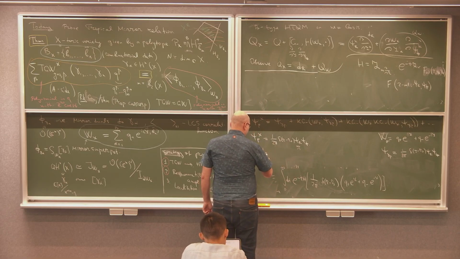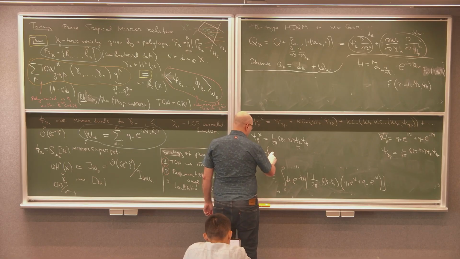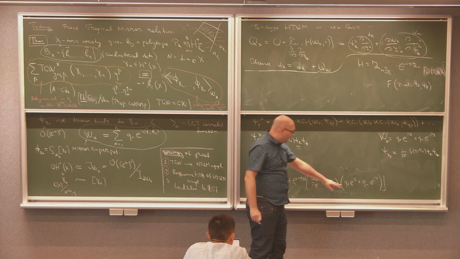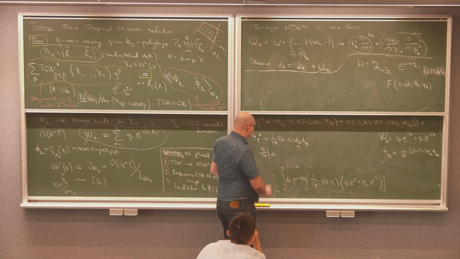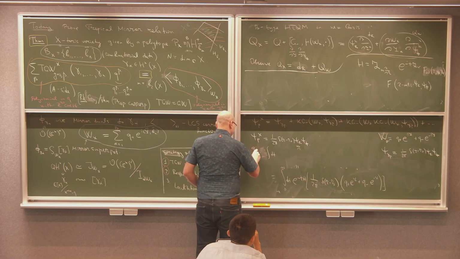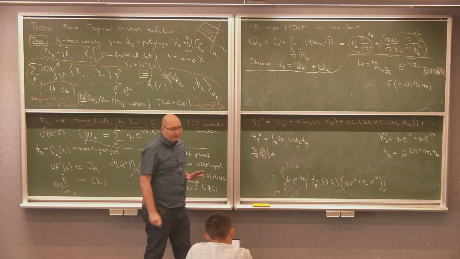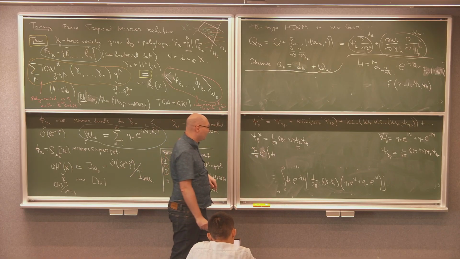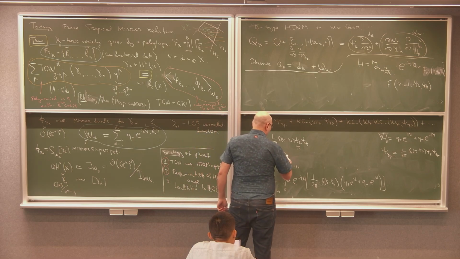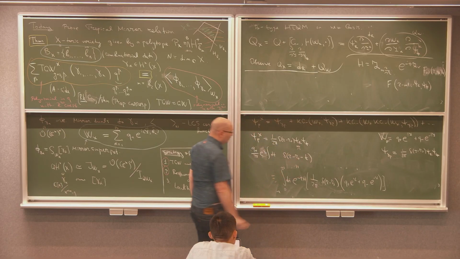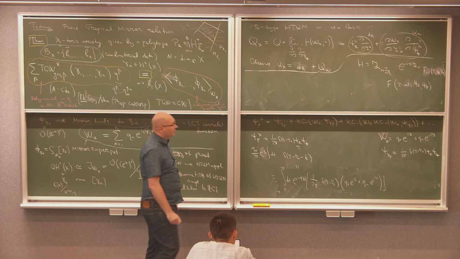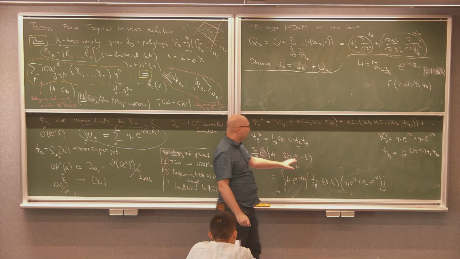There will be a term when we act on this q plus term. Nothing happens to e to the y because all y derivatives preserve e to the y, while in the delta function r minus r naught, we would shift with m equal plus 1.